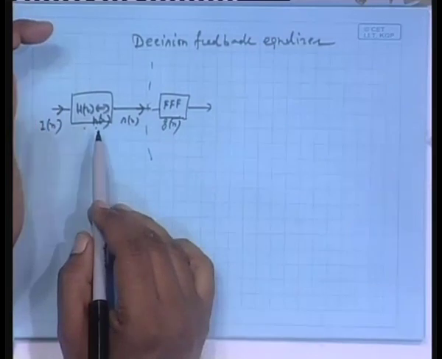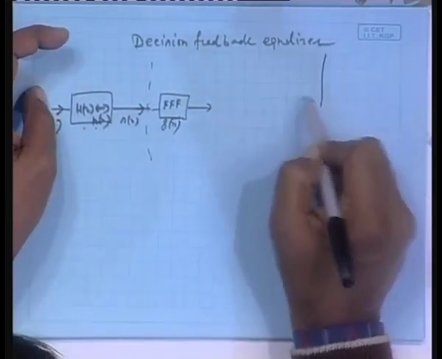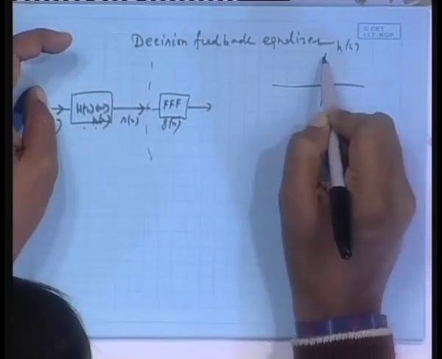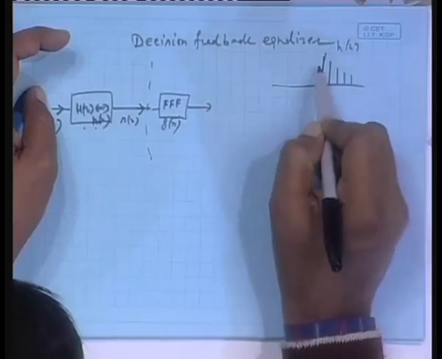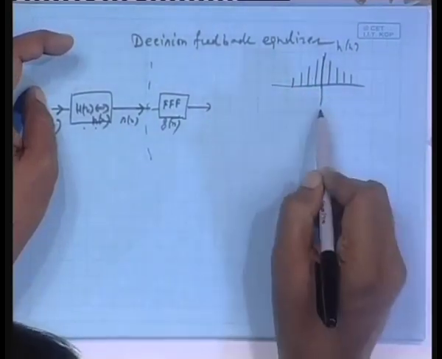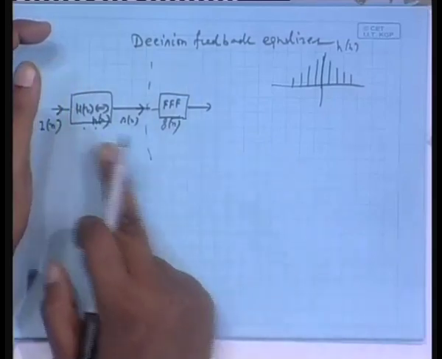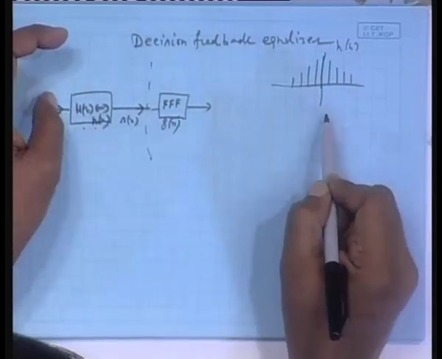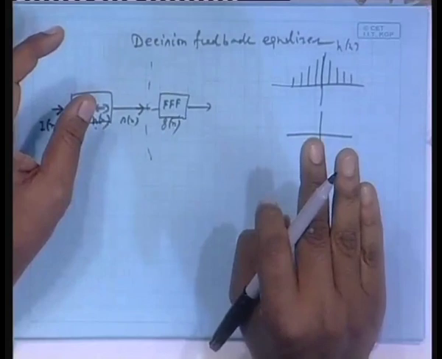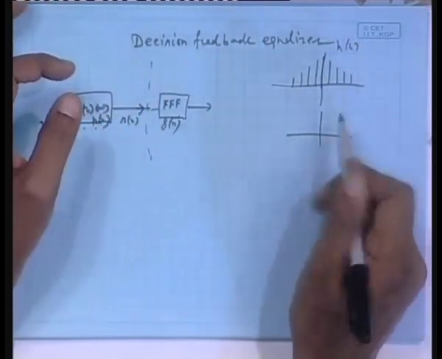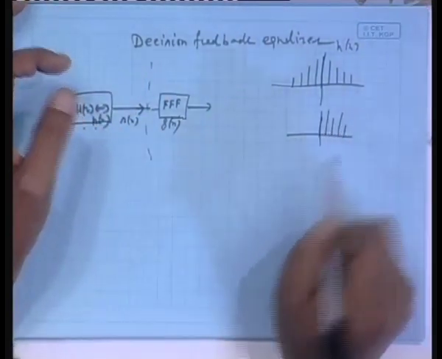after, see, H(n) has non causality, this is your H(n), say something like this, and you are convolving H(n) with G(n). G(n) is a FIR filter. How do you do convolution? Suppose the FIR filter was like this.